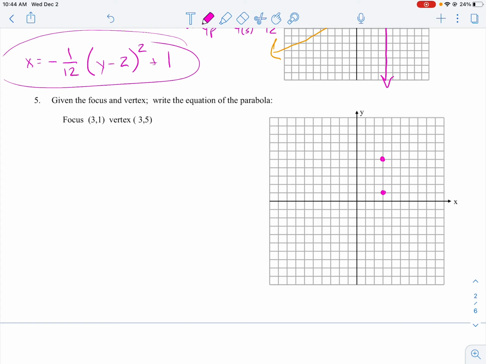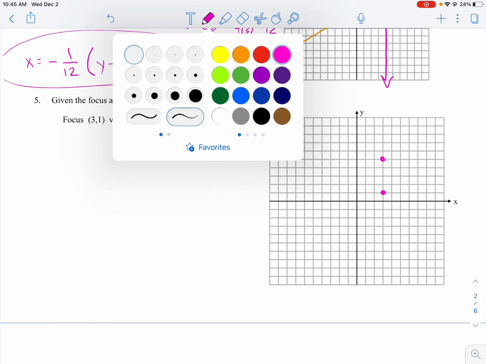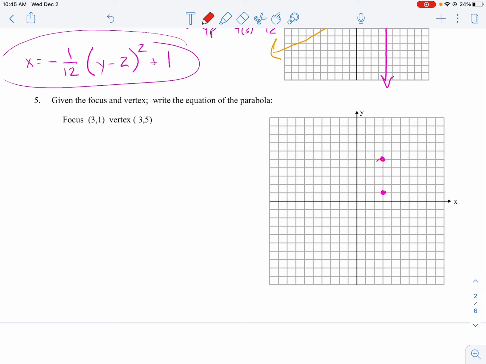Now remember, our focus always falls in between or inside our parabola. And so if our focus is down from our vertex, that means our graph is going to be facing down. Because remember, our focus is inside our parabola.